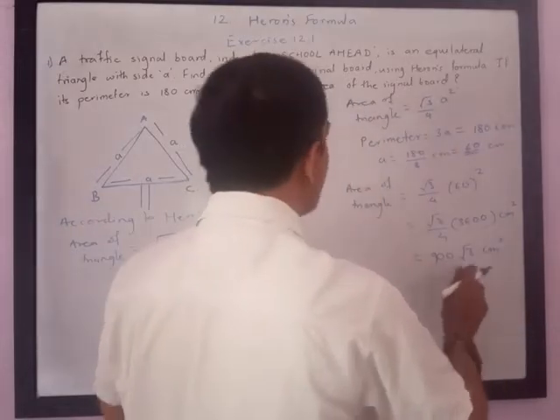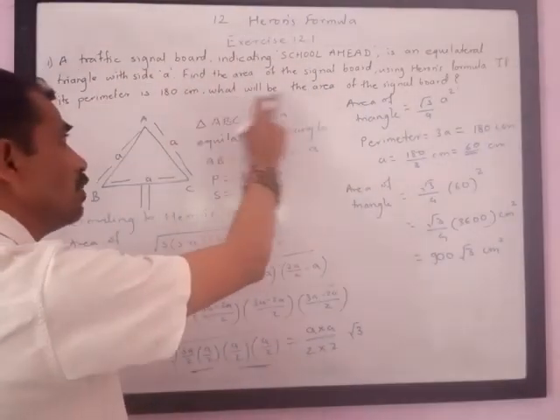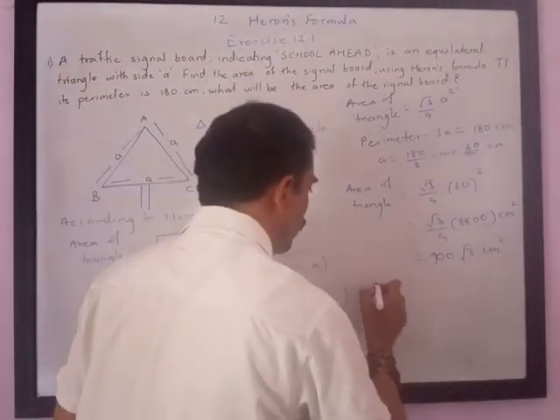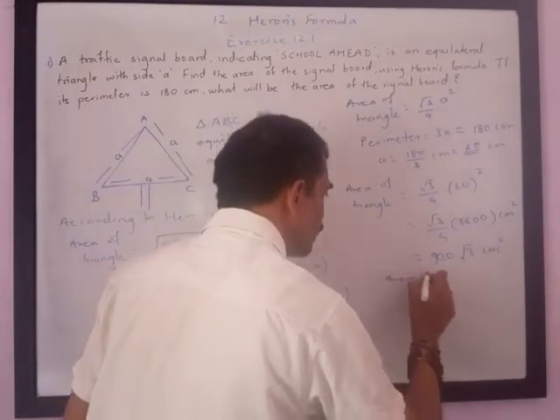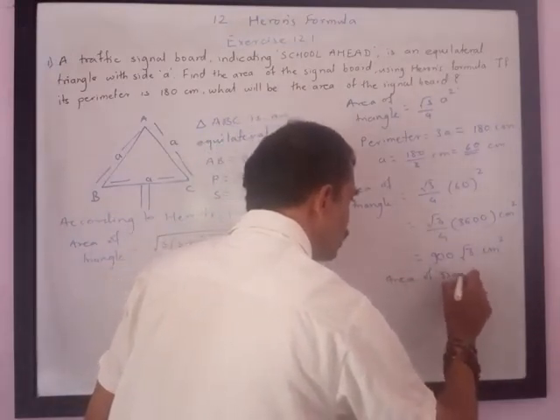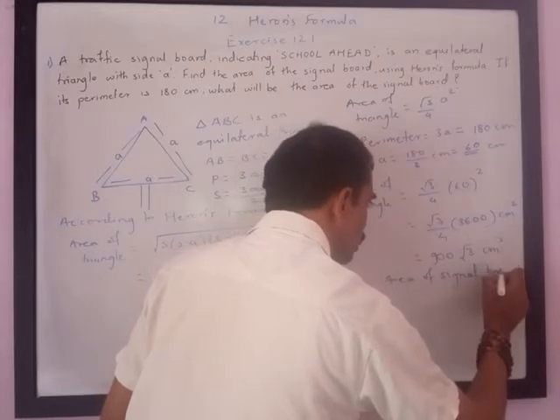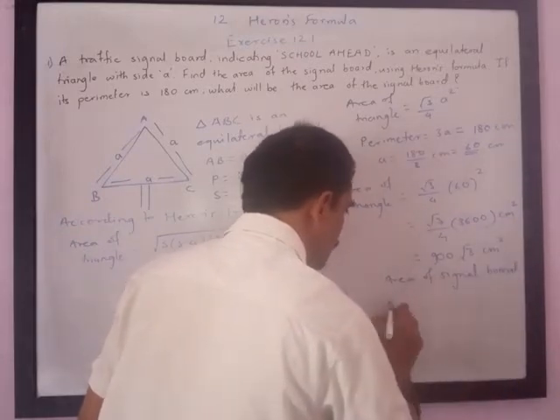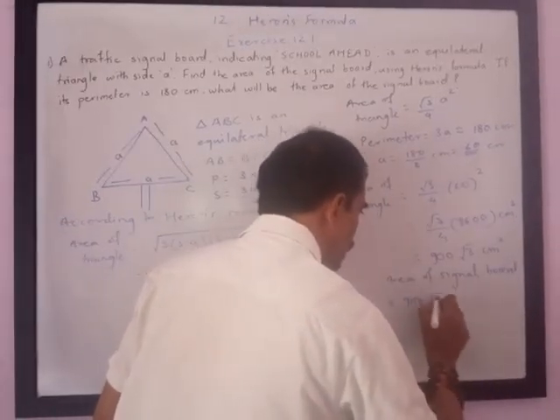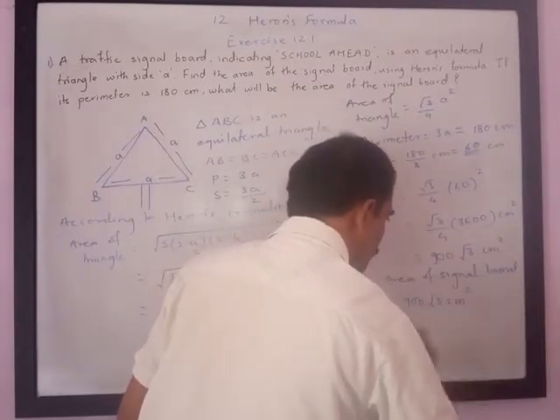This is the area of the triangle, and that same will be the area of the signal board. Therefore, area of signal board is 900 root 3 centimeter square.